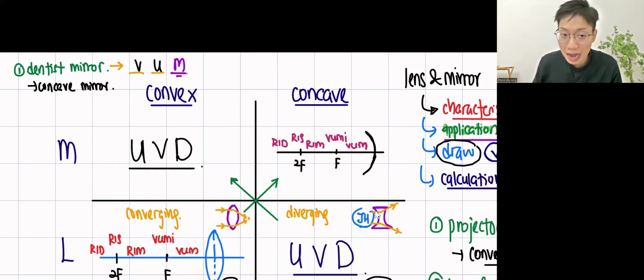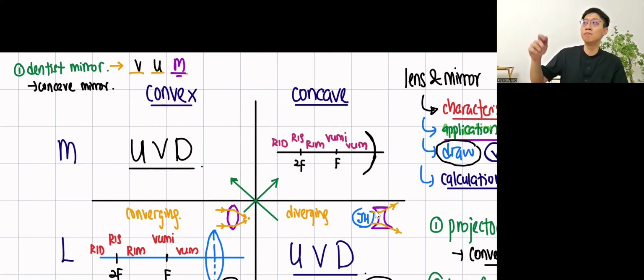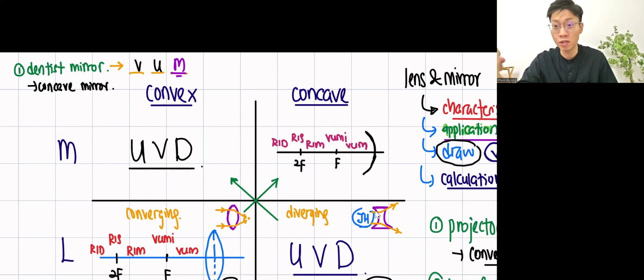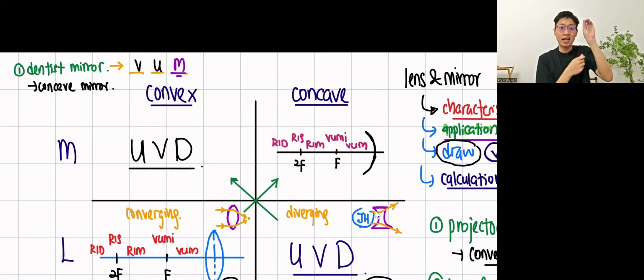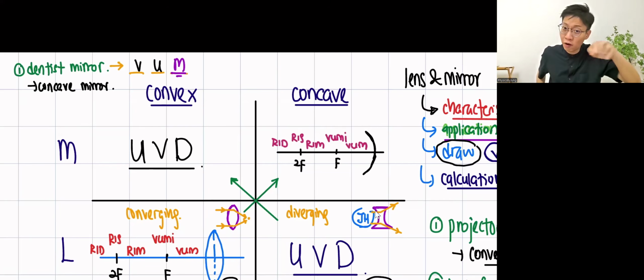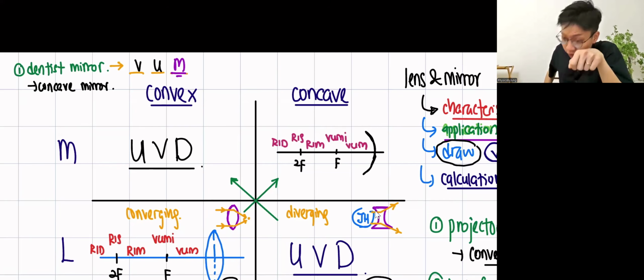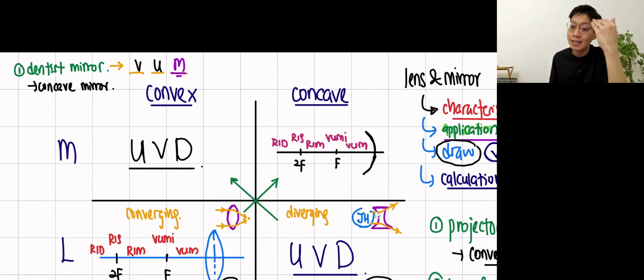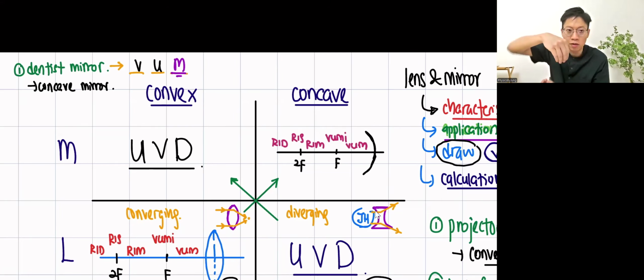It has to be upright because when you put the mirror into your mouth, if it forms an inverted image, it means your upper teeth and lower teeth are flipped. Imagine Zoe is a dentist and you tell her, my top tooth is damaged. If the image is inverted, she goes and pulls the top tooth, then later takes out the mirror and it is the bottom one, because it was inverted.